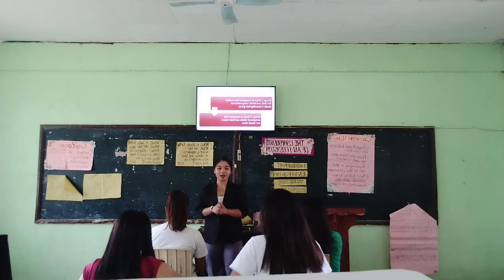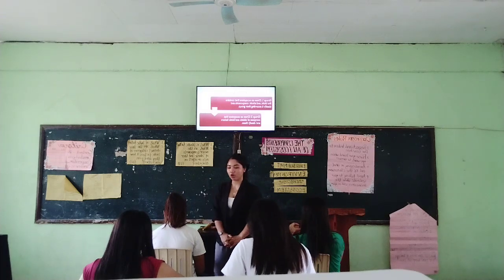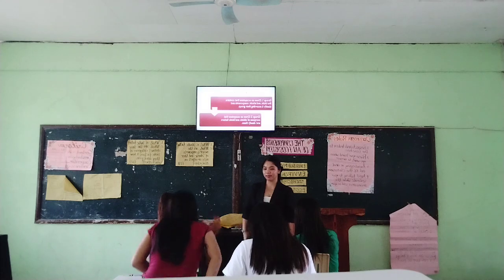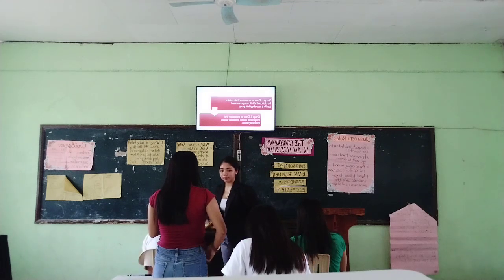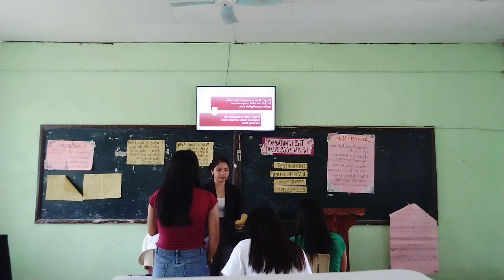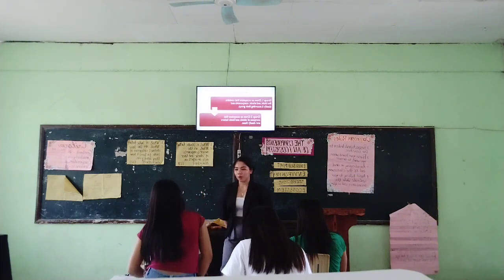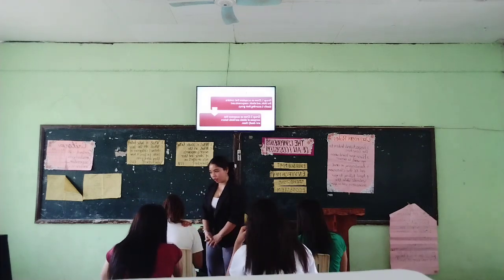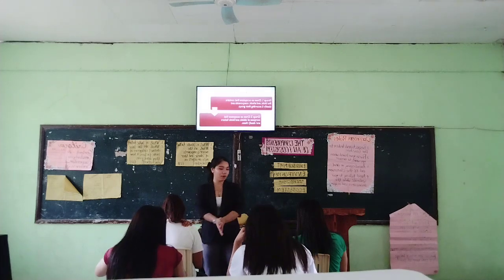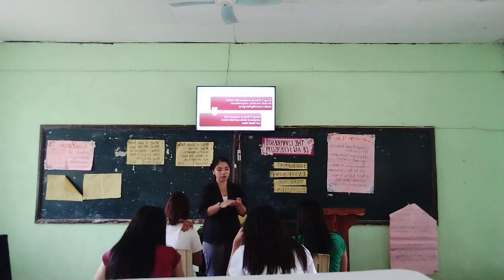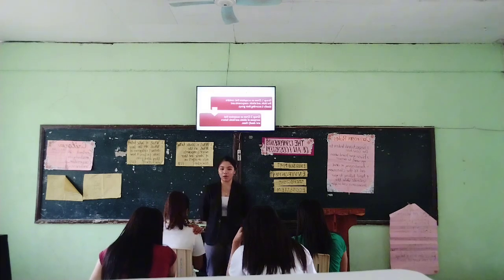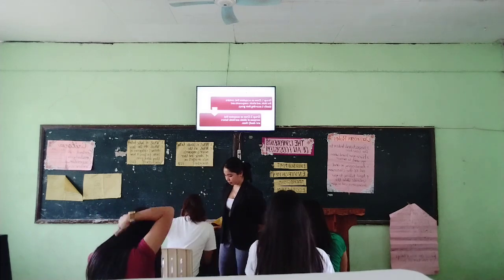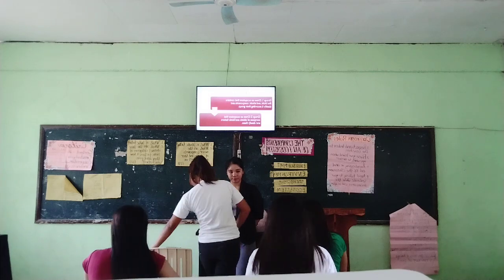Okay, thank you. What are the major components of the abiotic factor? The major components are water, temperature, sunlight, and air. Okay, thank you. So who can define the three categories of the biotic factors?